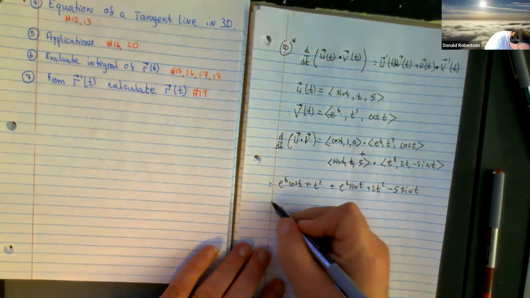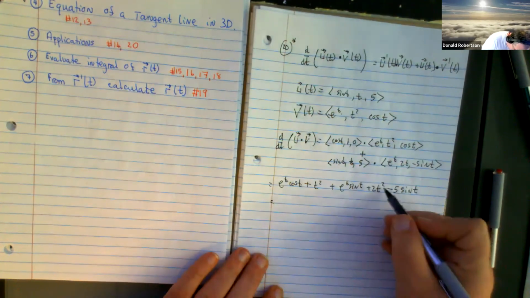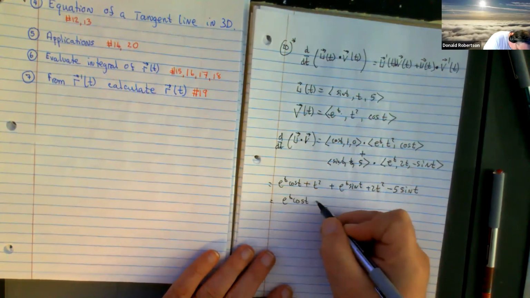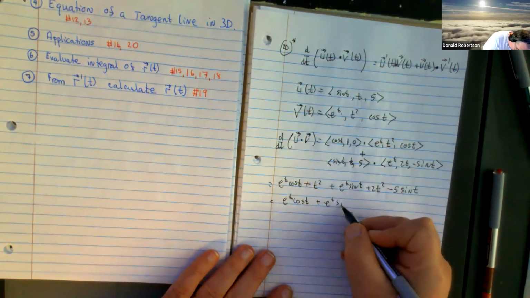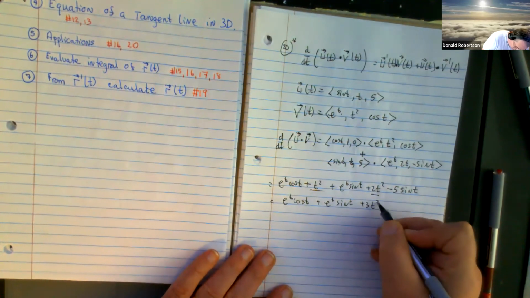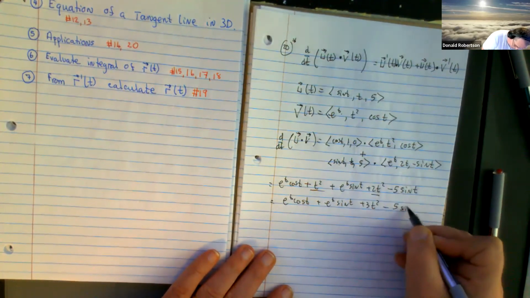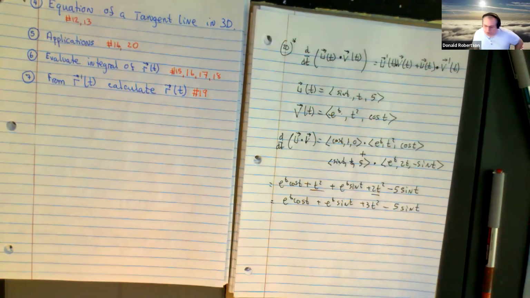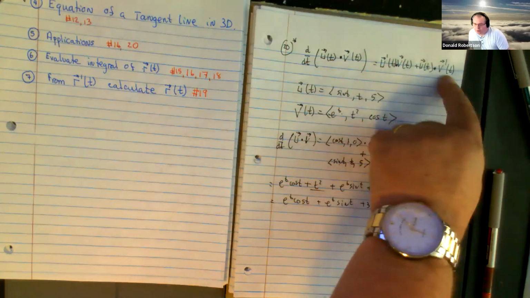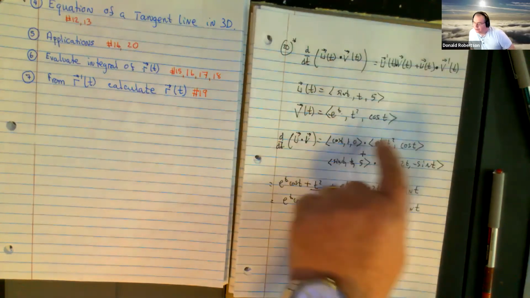There might be some minor tidying up. Those two get me 3t squared minus 5 sine t, and I can't really do much more, so you're finished. So if someone gives you a formula for differentiating this dot product, can't you just apply the rules and plug and chuck?